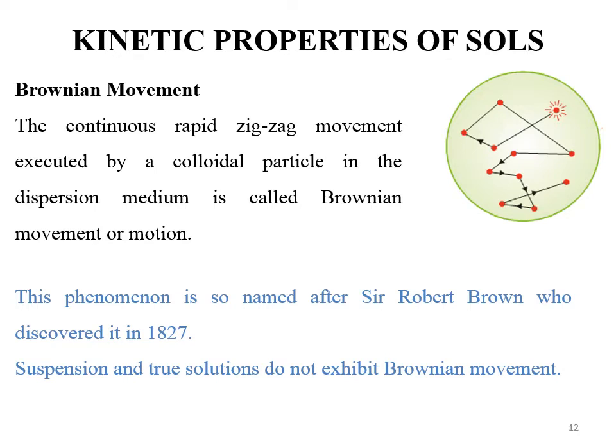So the continuous rapid zigzag movement executed by a colloidal particle in the dispersion medium is called Brownian movement or Brownian motion. And this phenomenon is so named after Sir Robert Brown, who discovered it in 1827.